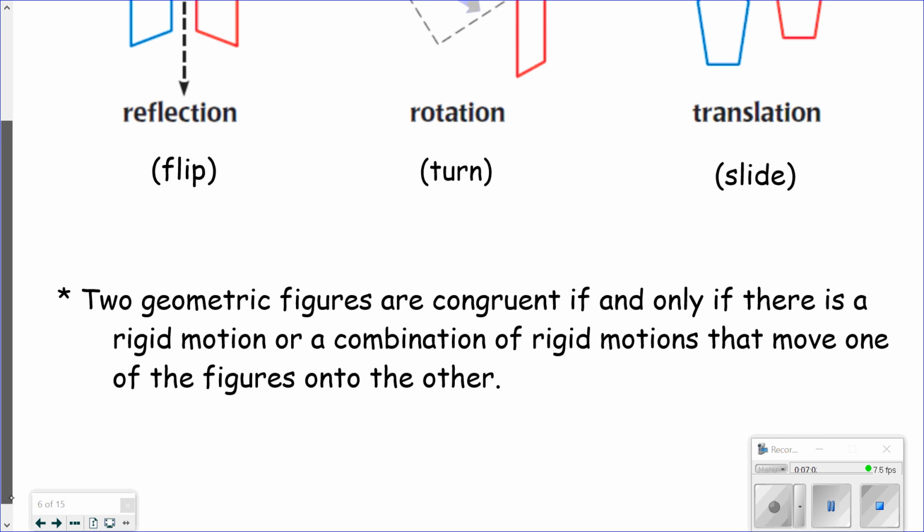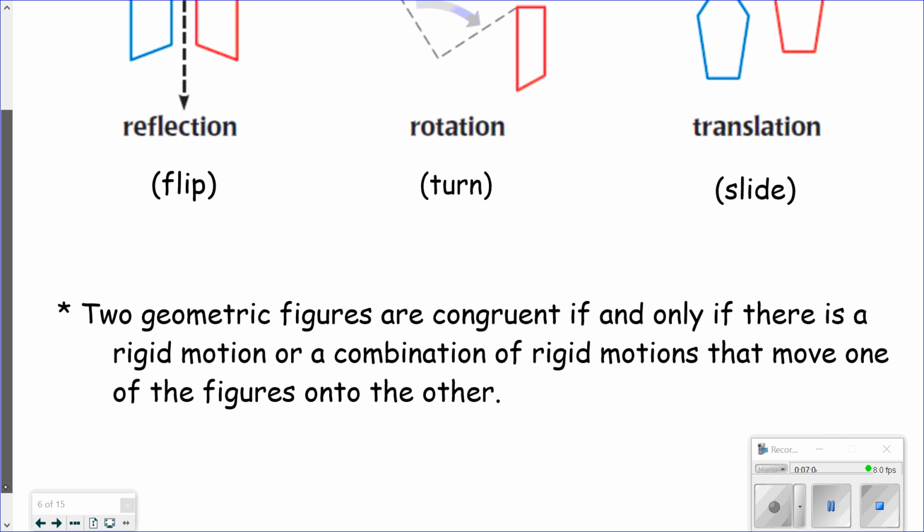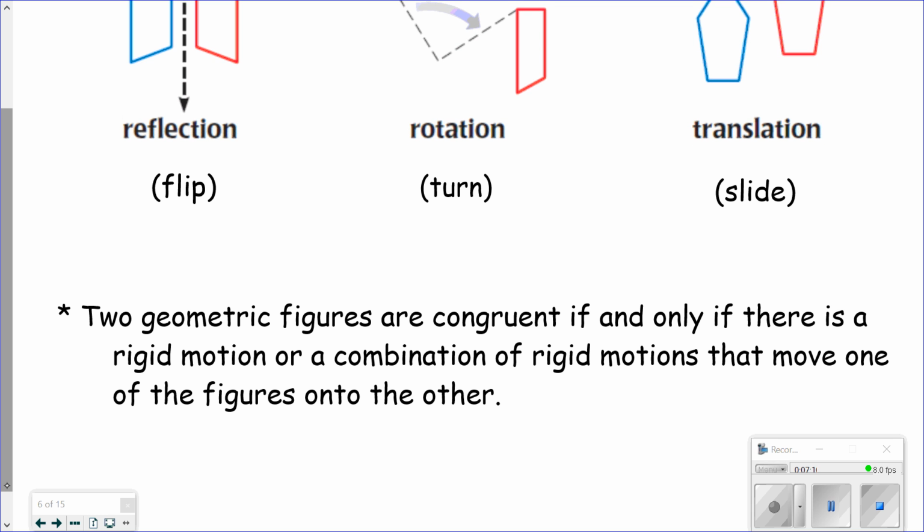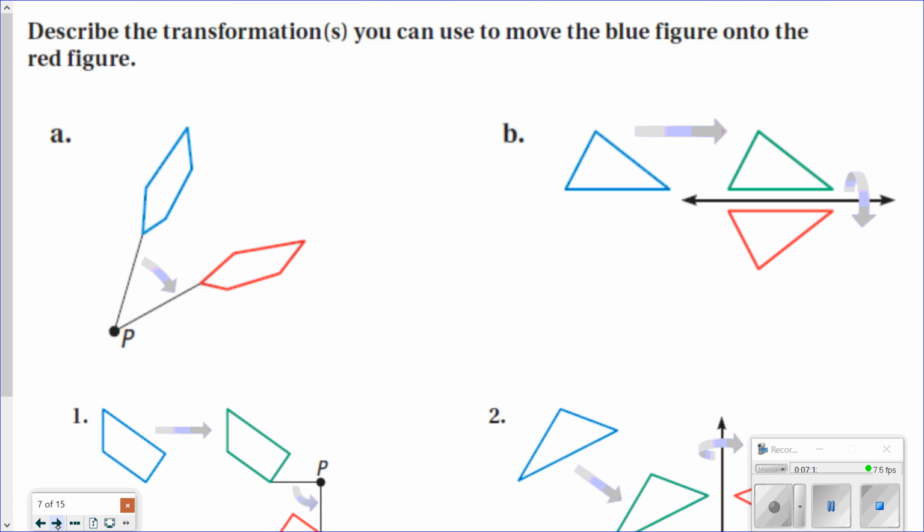Two geometric figures are congruent if and only if there is a rigid motion or a combination of rigid motions that move one of the figures onto the other. So let's describe the transformation that moves the blue figure onto the red figure.